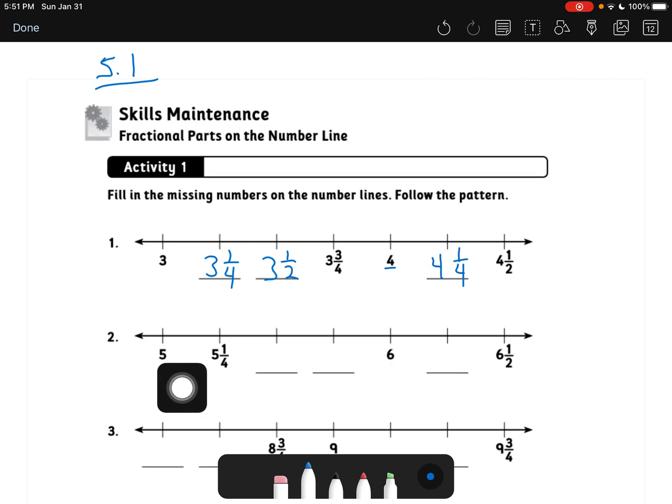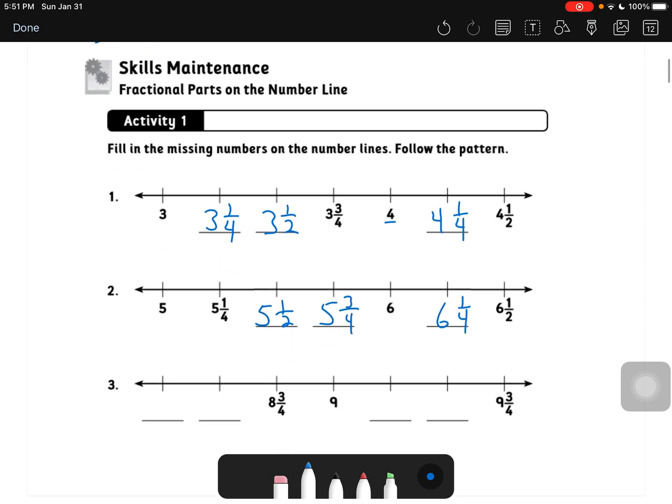Okay, same pattern here: 5 1/4, 5 2/4. But again, 2/4 means 1/2, so that's 5 1/2. And I've got 5 3/4, and then the next one is the next whole number. So I got 6, and then again 6 1/4, and then 6 1/2. So that's a common pattern.